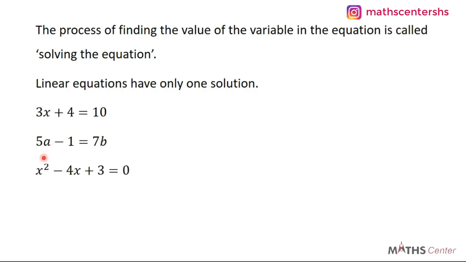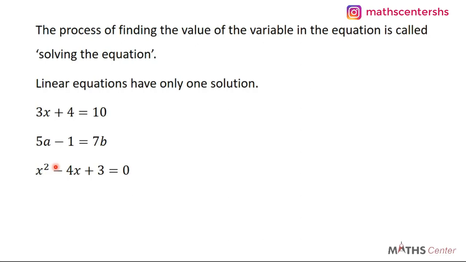But because x squared minus 4x plus 3 is equal to 0 is quadratic, because the highest power of x there is 2, if you find x, you are going to have two solutions. X is going to give you two answers. Once again, if you watch the video on quadratic equations, you will see that when you find x in this equation, you are going to have two answers for x.